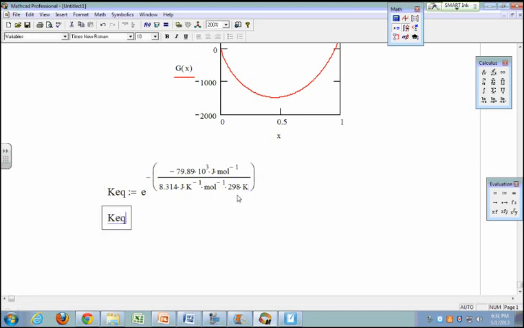KEQ should come out to be 1.00 times 10 to the 14.